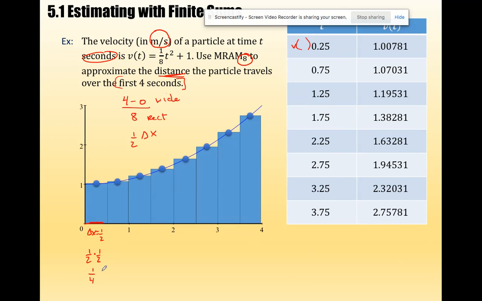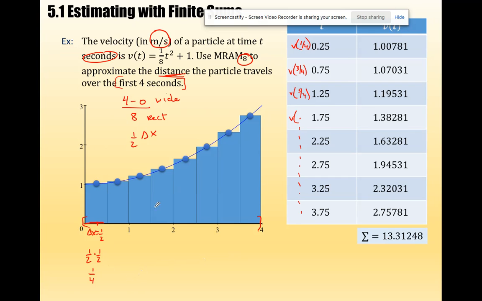And then I'm going to add a half each time, right? I'm going to start at a fourth or 2/4. So V of 1/4, and then add 2/4. Add 2/4, right? And that's how I'm going to travel through my interval from 0 to 4. There was my sum.